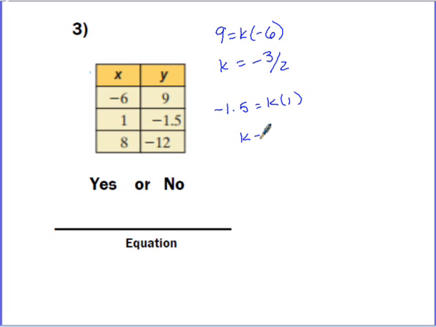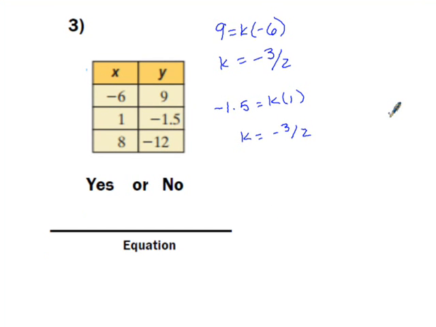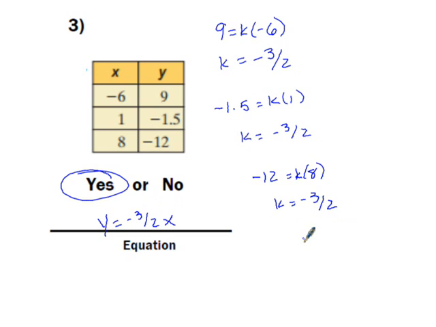And if I divide negative 1.5 by 1, I get negative 3 halves. And then one more time, negative 12 equals k times 8. And if I divide by 8 there, I get negative 3 halves again. So yes, this is direct variation, and my equation is y equals negative 3 halves x.